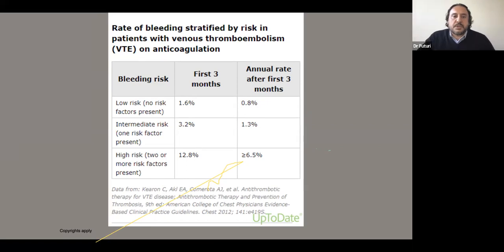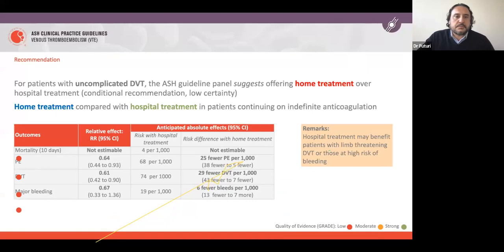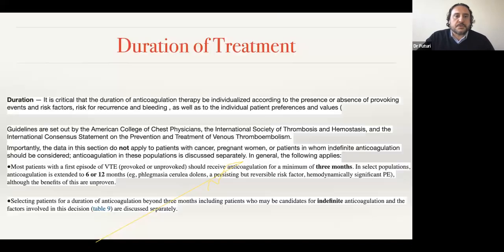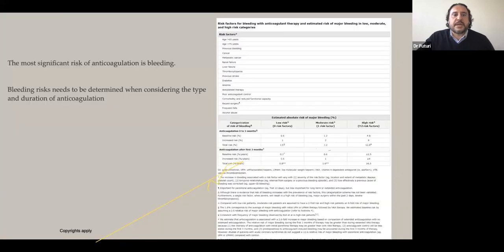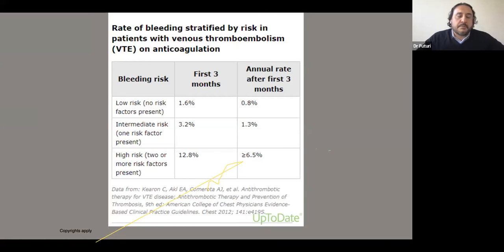And bleeding can be what we stratify as major and or minor bleeding. In patients who have major bleeding, which we consider things like intracranial hemorrhage, gastrointestinal bleeding, this can be quite significant, versus a patient that's presenting with a nosebleed that can be treated typically with just direct pressure.